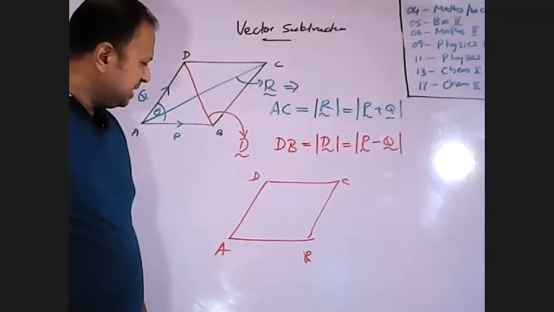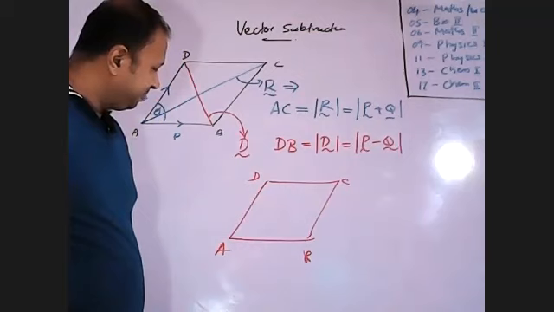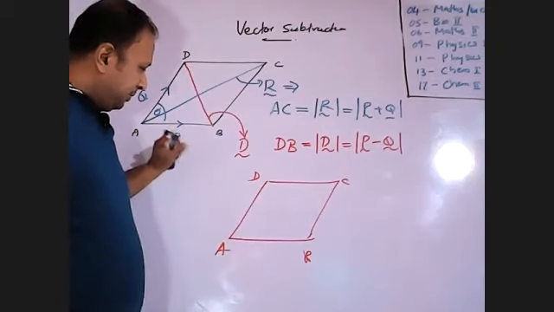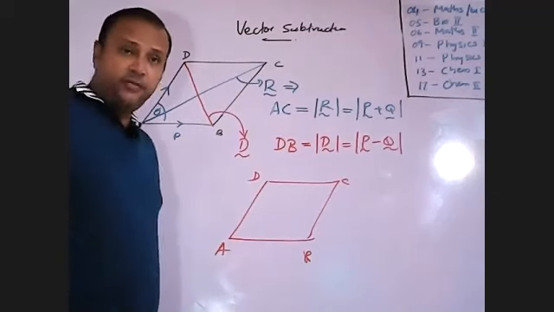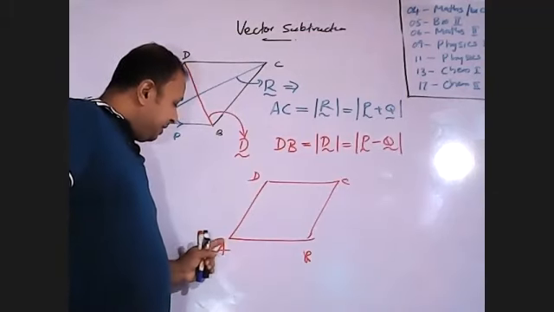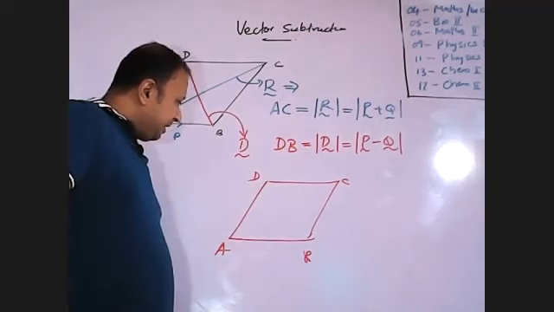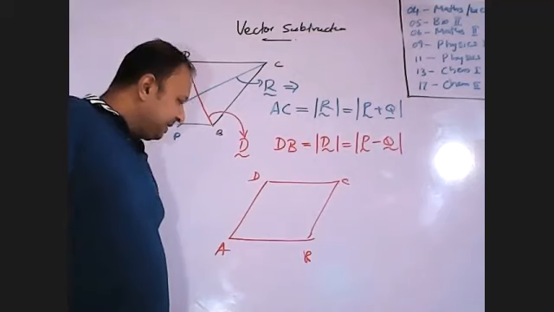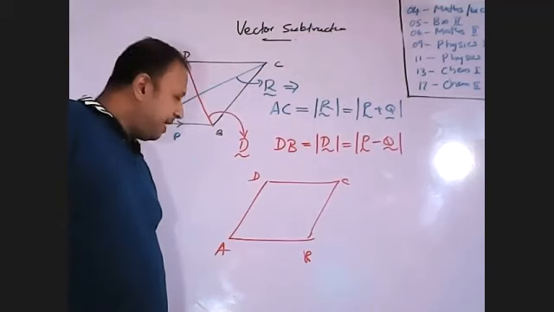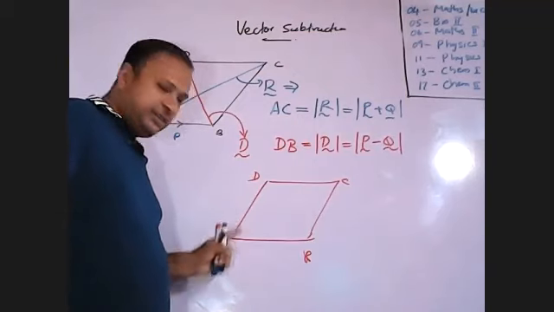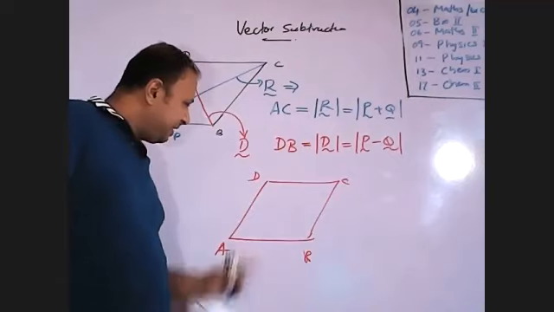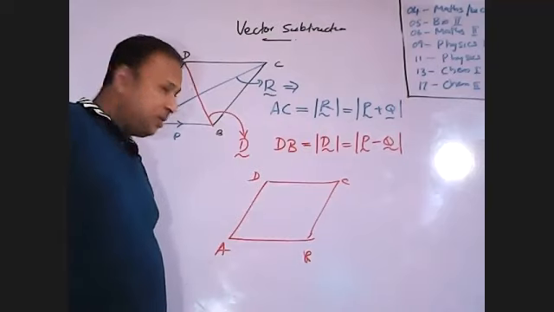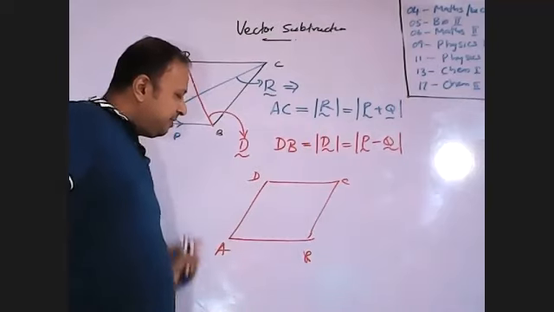Then suppose now the AC diagonal is the bisector of angle A. If the AC diagonal is the bisector of angle A, then what kind of parallelogram is this?